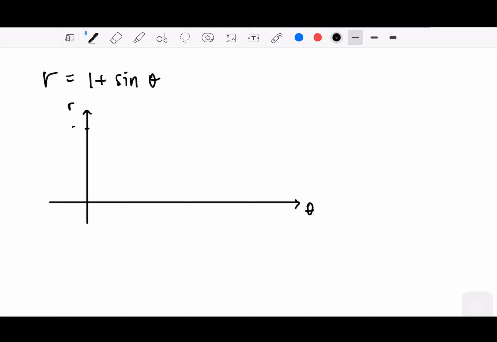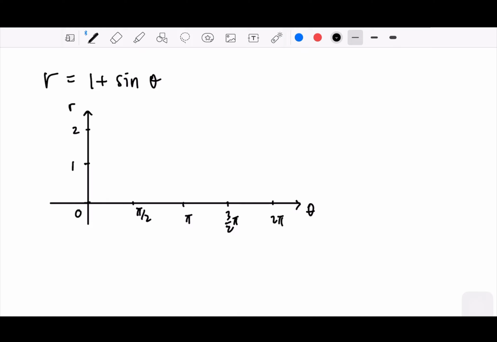Let's say this is 2, this is 1, this is 0. And we have pi over 2, pi, 3 over 2 pi, and 2 pi. Sine theta at 0 is 0, plus 1, so we start from this one.